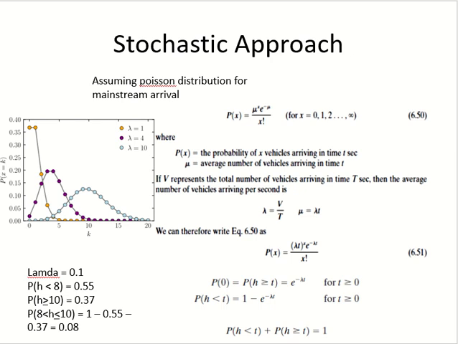So if I make this the gap, and this is my acceptable gap, what is the probability that the headway between the vehicles is more than or equal to my acceptable gap? If it is more, will I cross or not? Yes, I will cross.